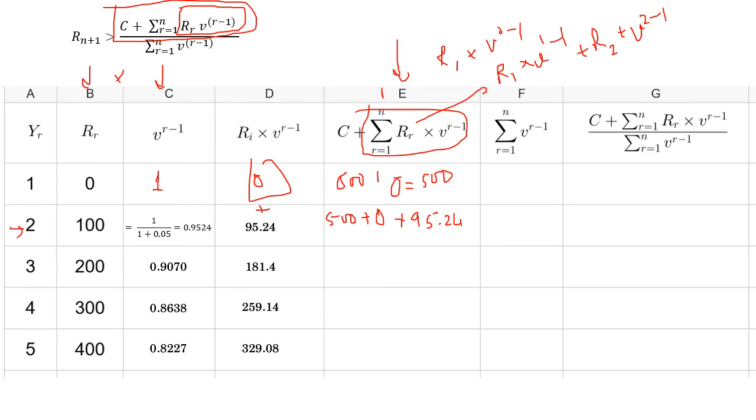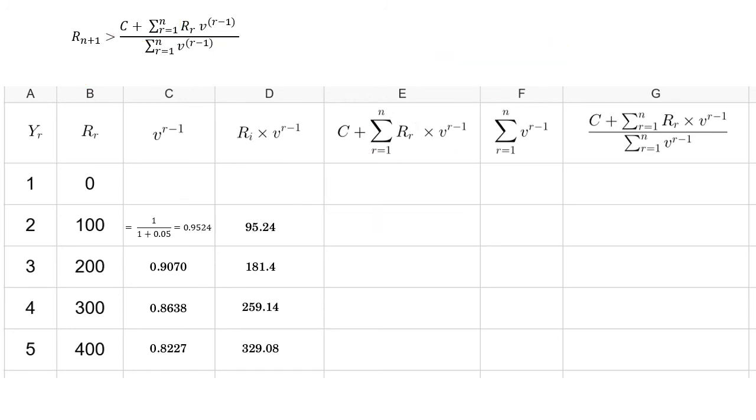That comes out to be 595.24. So for r equals 1 this is 500, and for r equals 2 this is 595.24.